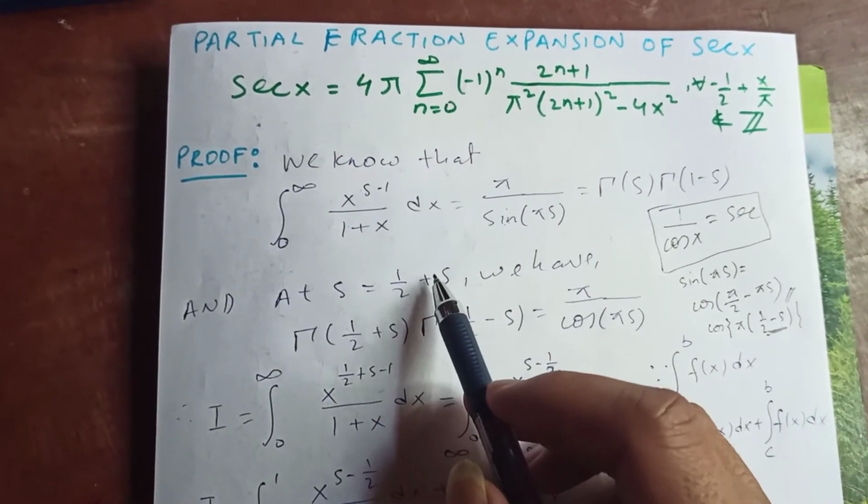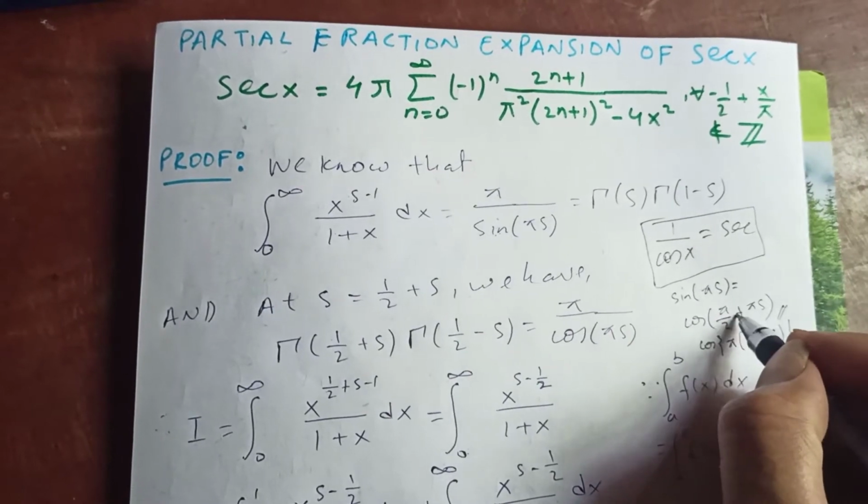Here I'm using plus, which is also the same thing, since sine of 90 plus some angle is cos.